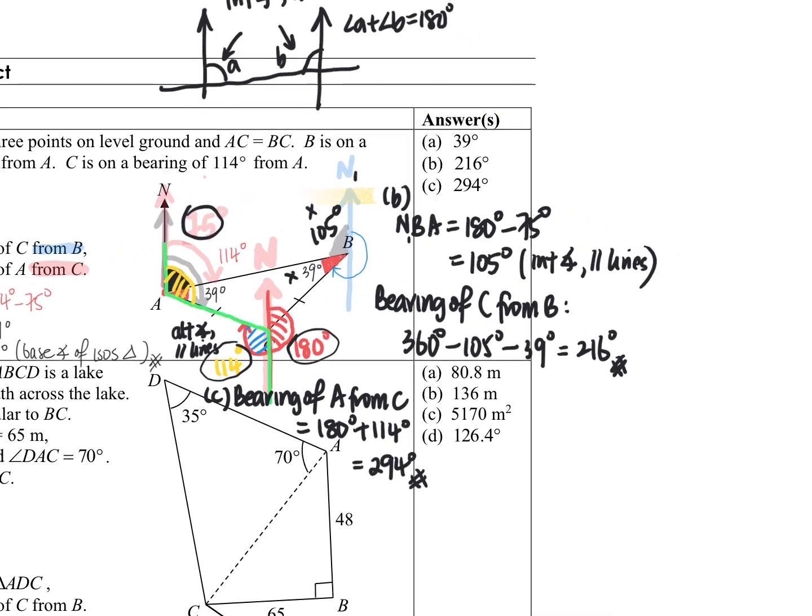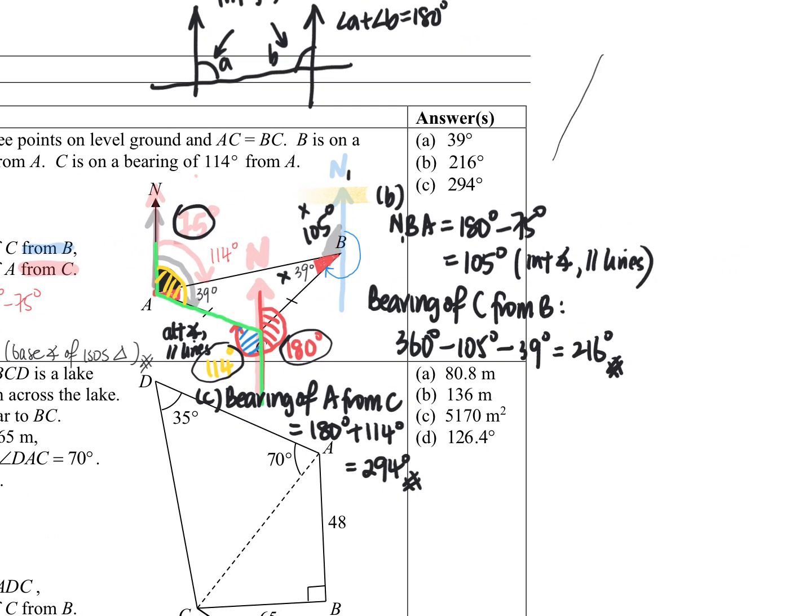So I'm going to write here so you recap. If you have two parallel lines, if you see the letter F, it is called corresponding angles.